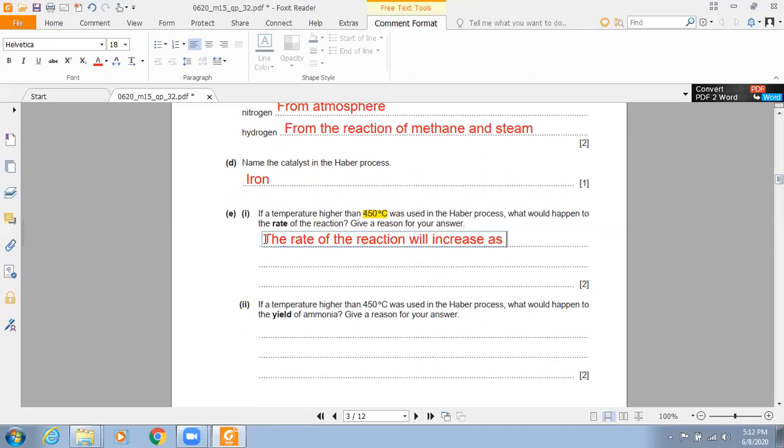The rate of the reaction will increase as molecules will have more kinetic energy. More molecules will have activation energy.